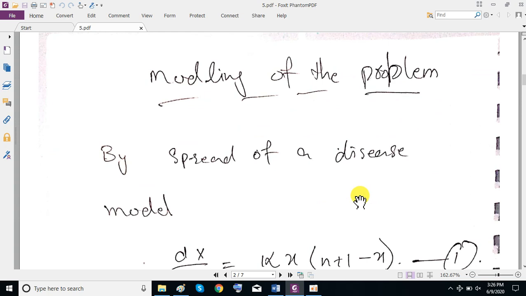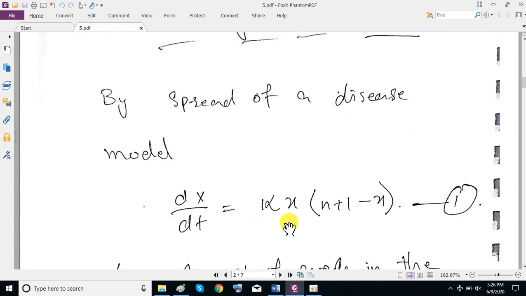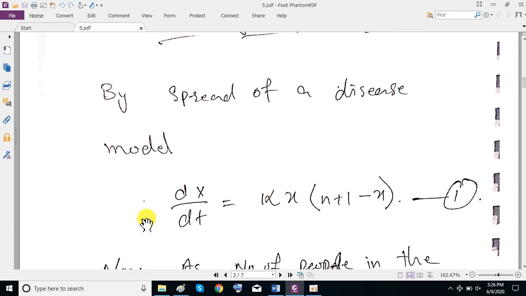For this, first of all, we model our problem using the spread of a disease model, that is dx by dt is equal to kx n plus 1 minus x, which we already discussed on the previous page. This model is for a fixed community, because n is the number of the community.